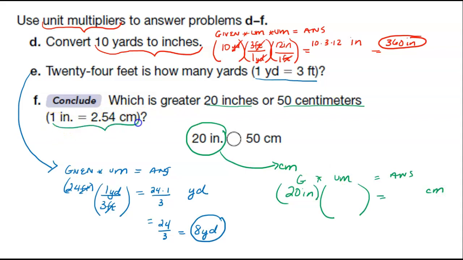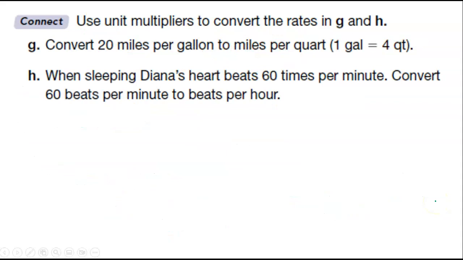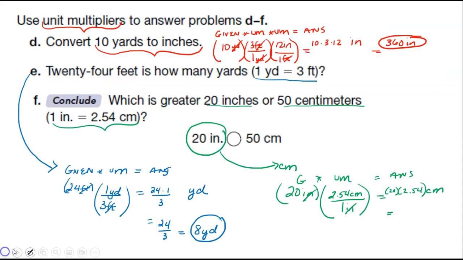So 2.54 centimeters goes on the top. That's what I want. 1 inch. Inches cancel, and I get 20 times 2.54, which is a number I'm going to put in my calculator. 20 times 2.54 is 50.8 centimeters. So if this is 50.8, and that's 50, then that's larger.